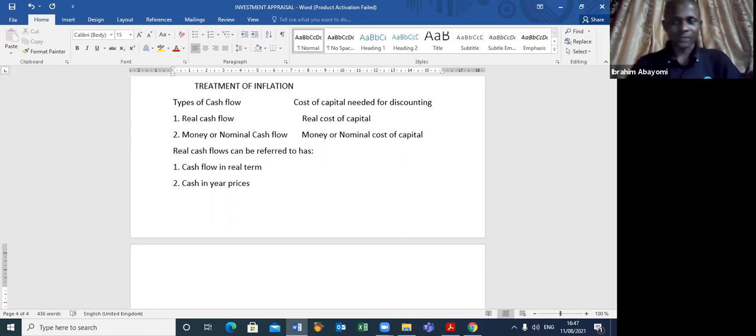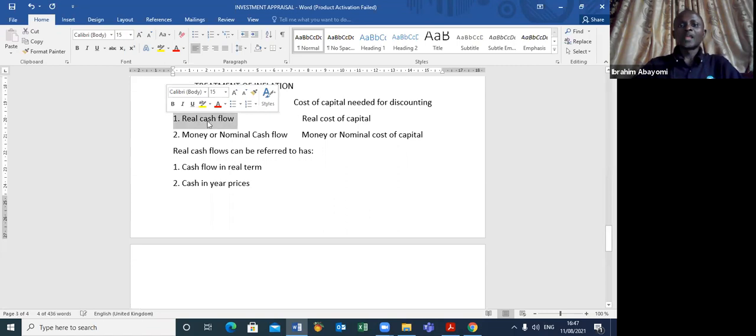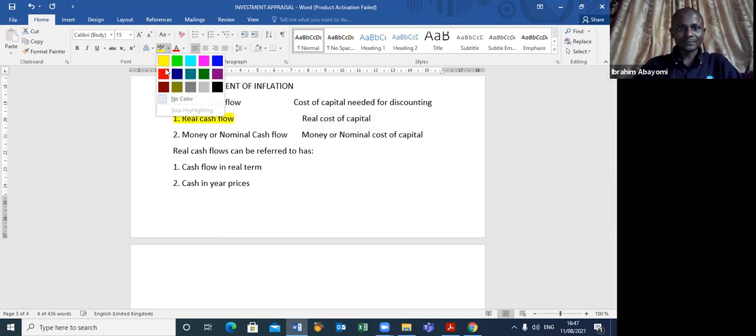Now, sometimes you will be given a real cash flow, but instead of the question giving you the corresponding cost of capital that you need, the question will come and give you nominal cost of capital.